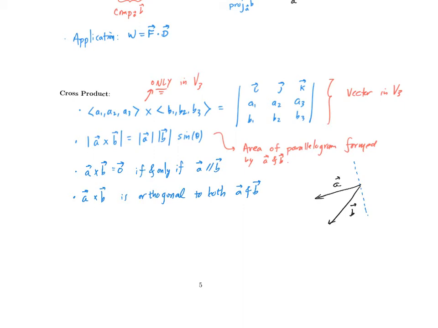To determine the direction of A cross B, we would take the fingers of our right hand, point them in the direction of A, and curl them towards B. And it has to be your right hand. Your thumb will then be pointing in the direction of A cross B. So in this case, A cross B would be orthogonal to both A and B, and pointing, I'll say, upward here. And we find this using the right-hand rule.